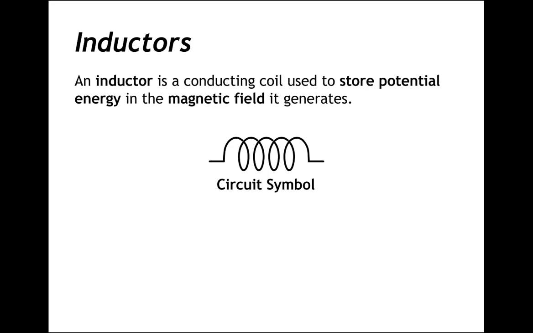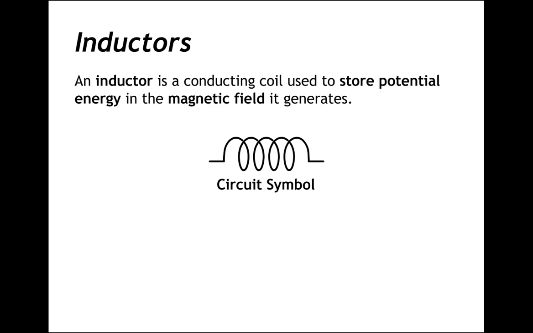Now, the circuit symbol for an inductor is just a series of loops, like a coil, as you see here. And that's because if you were to actually open up a circuit device that has an inductor in it, you would literally see loops of wire, usually wrapped around an iron core.